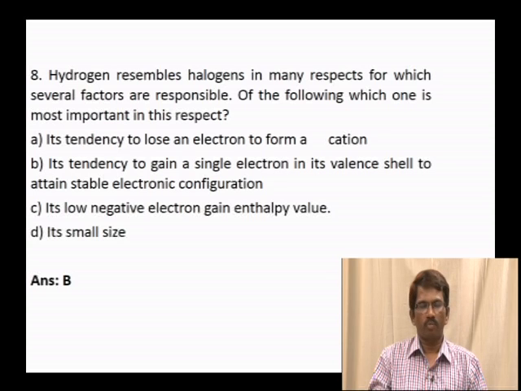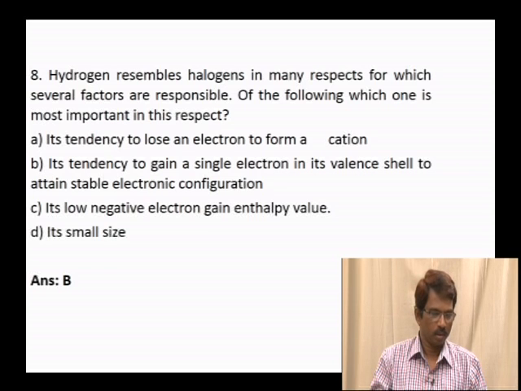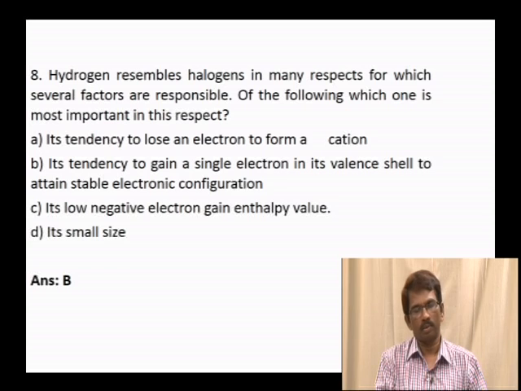Hydrogen is one element which can be placed in first group as well as 17th group. It is placed with alkali metals because of its 1s1 configuration. Hydrogen has the ability to lose electron to form H plus, and therefore it is placed in first group.